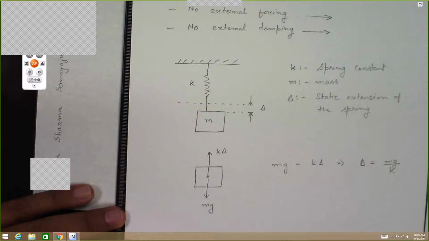So now let us consider that from this static equilibrium position, we displace the mass further down.